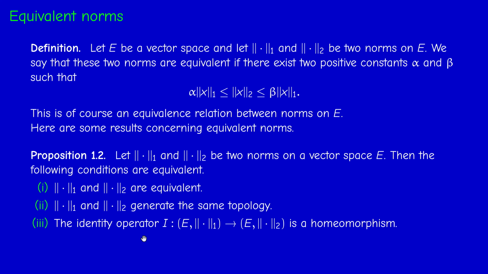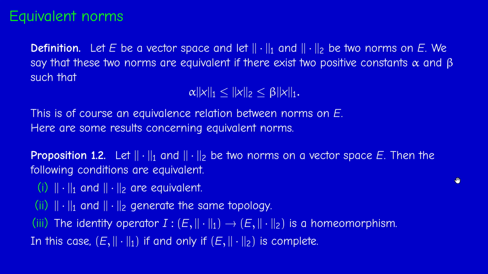And this is also equivalent to the third condition, that the identity operator from E to E, which is just the map that to each x associates x itself, so this is the identity, but here, if we equip the source space with norm 1 and the target space with norm 2, is a homeomorphism. Okay? So these three conditions are equivalent.